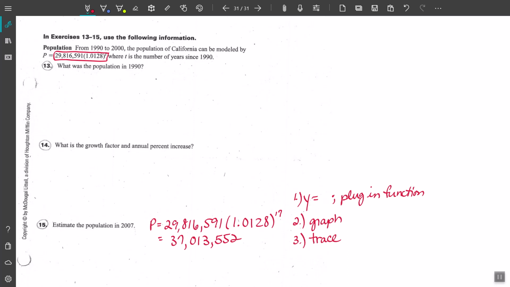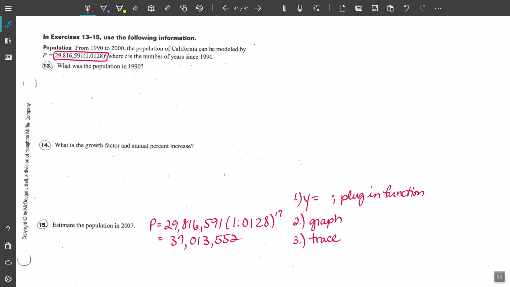Now you may need to change the window on the function, because if you look here, you're going to get some very large y values. Your x values, or in this case your t, in this function, they're not going to be that large. I mean, you're going to t of 17 here, from 0 to 17.